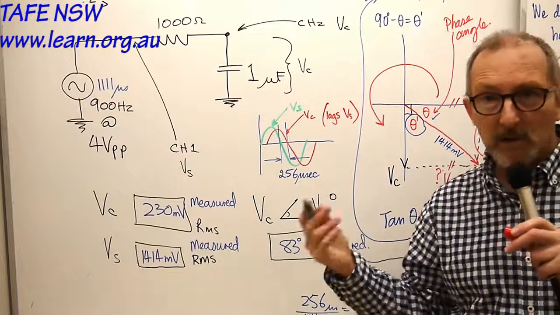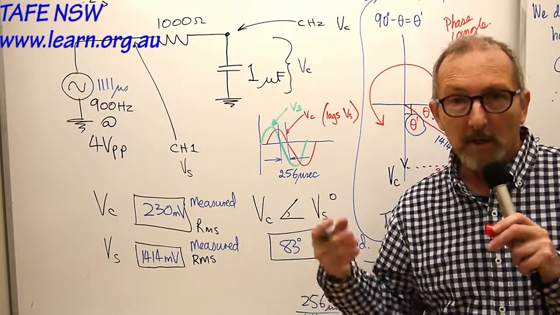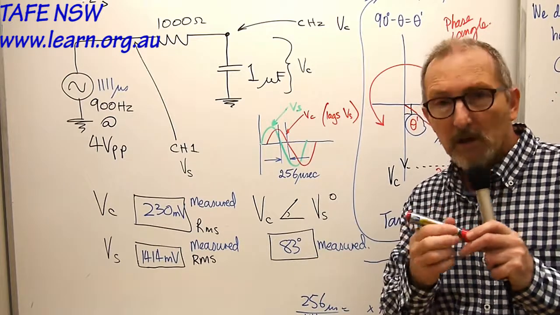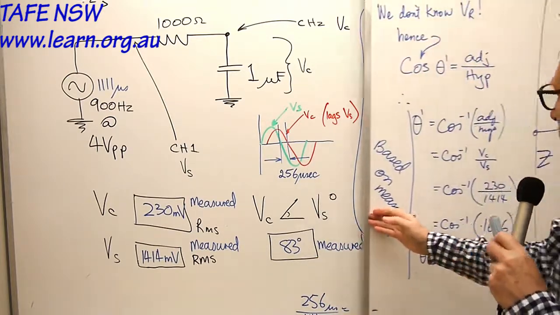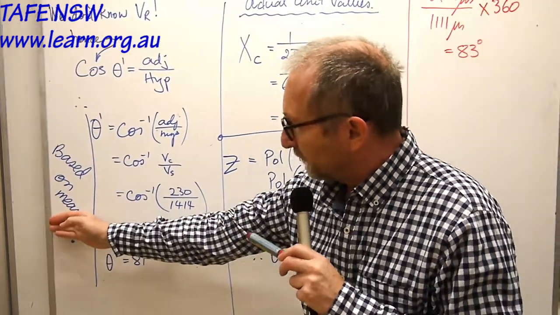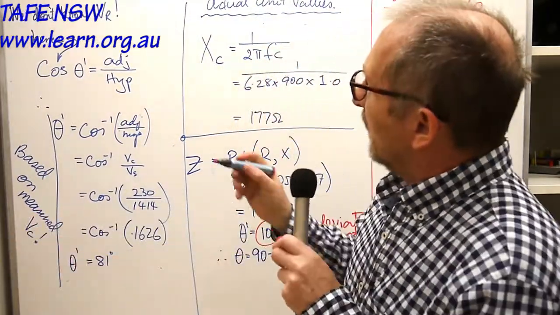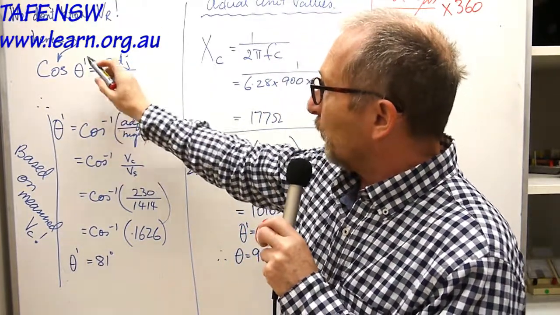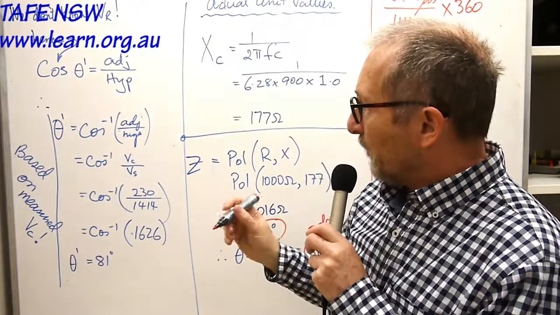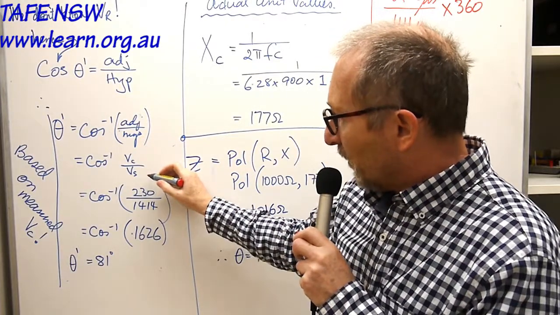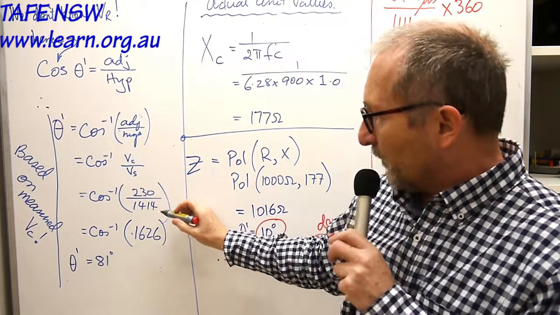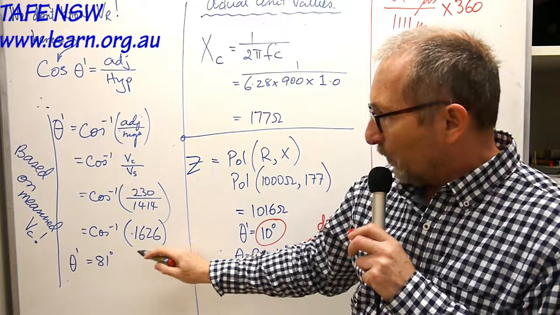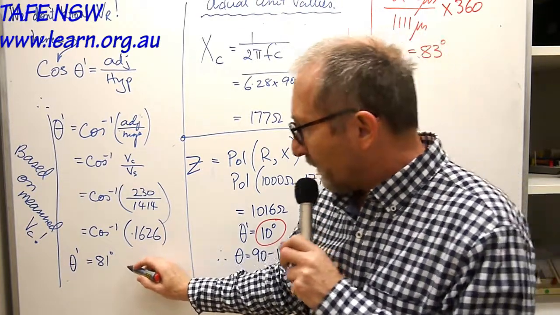So we can't use the tangent function to measure this theta 1. We have to use the cosine function. I'll show you what I mean. We don't know VR, so the cosine of theta 1 is going to be the adjacent on the hypotenuse, which is VC on VS. 230 millivolts on 1414, anti-cos, and we come down to 81 degrees.